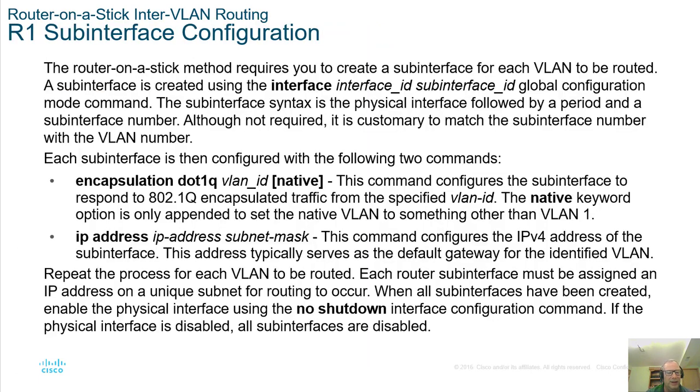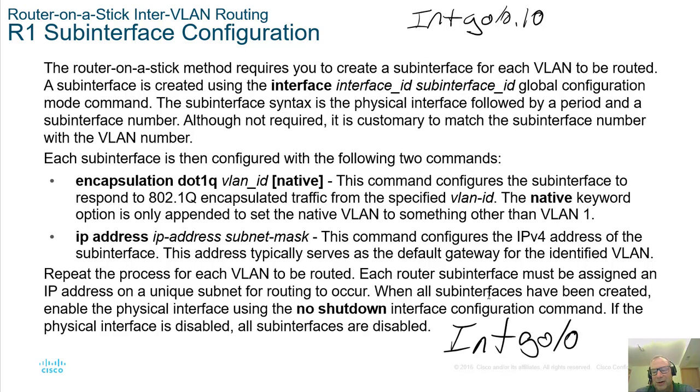Let's go ahead and move to the next slide here. We did this in the last slide. The only thing I think I didn't mention is when you do a sub-interface, so if you're going to do int g0/0.10, when you do initially int g0/0, you cannot put an IP address if you're going to use sub-interfaces.